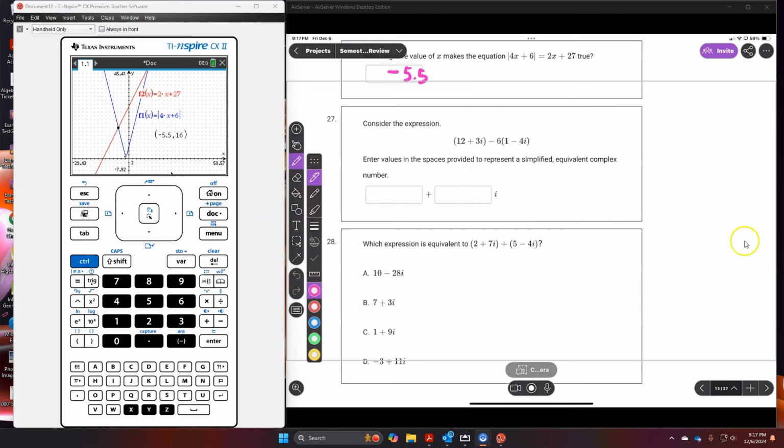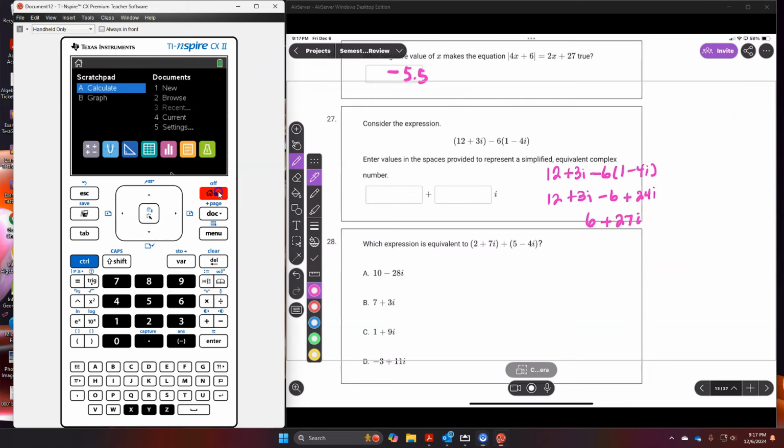27, consider the expression. So I have 12 plus 3i minus 6, and you have 1 minus 4i. So distribute, so you have 12 plus 3i minus 6 plus 24i. 12 minus 6 gives you 6, plus 24 plus 3 gives you 27i.